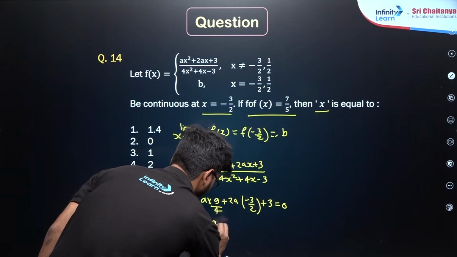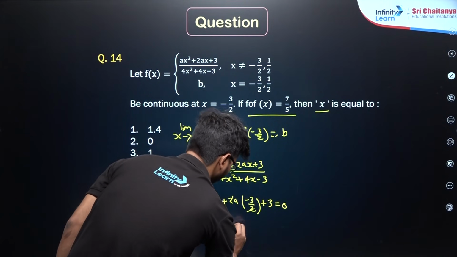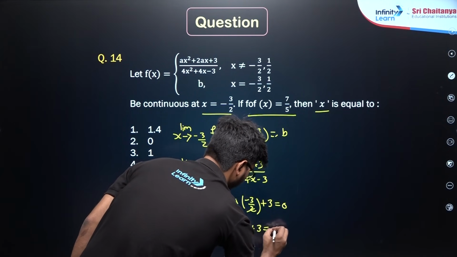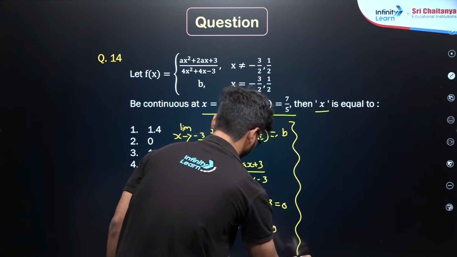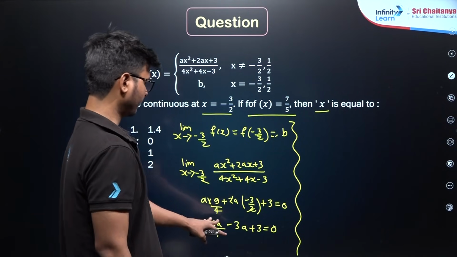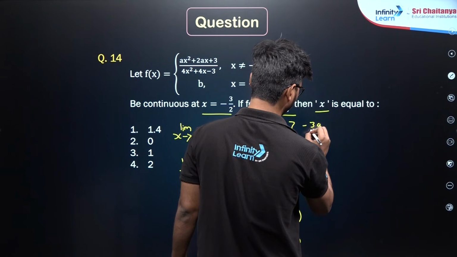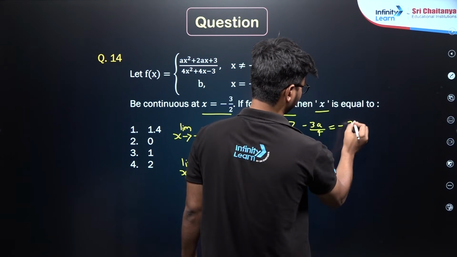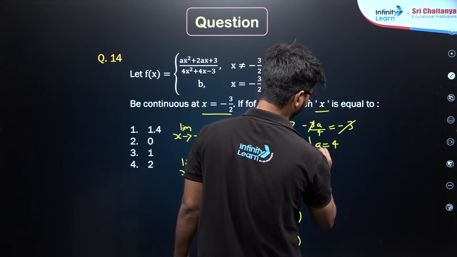So here I can write 9a by 4, and 2 and 2 getting cancelled, so we are having minus 3a plus 3 is equal to 0, correct? Now if you observe, 4 3s are 12, 12 minus 9 is minus 3. So we are having minus 3a by 4 equals to minus 3. So this minus getting cancelled, so we are having the value of a as 4.